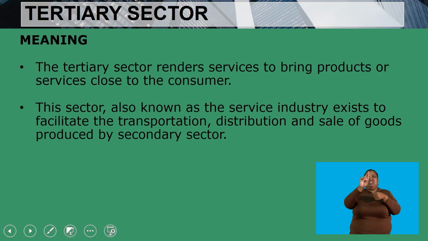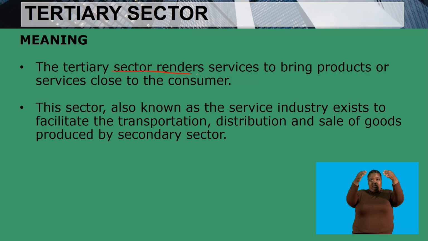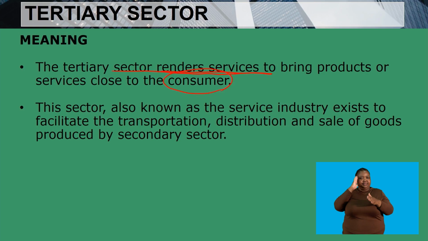Then let's take a look at the tertiary sector, where we are responsible to render services to bring products or services close to our customers. Very important to know is that this sector is also known as the service industry, and it exists to facilitate the transportation, the distribution, and the sale of goods produced by the secondary sector.